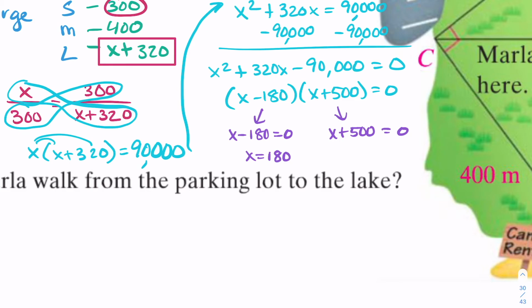So the number here would have to be 180 for it to become 0, and it would be 0 times 680. That's 0. Now this one, it would have to be negative 500, right? Negative 500 to work to be 0, and that would be negative 680 times 0.